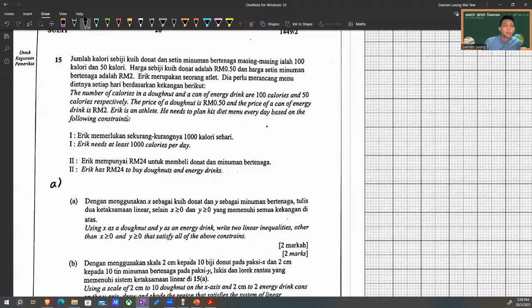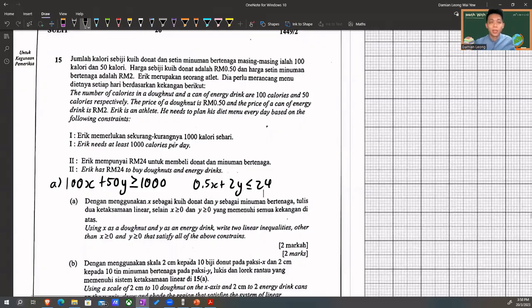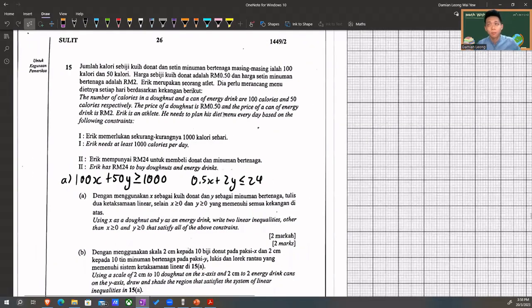So calories, 100 calories times number of donuts plus 50 calories times number of energy drinks, at least 1,000 calories, so more than or equal to 1,000. The other one, the price, 50 cents times number of donuts plus 2 ringgit times number of energy drinks. He has only 24 ringgit, so it must be less than or equal to 24. There's no way he can spend more than what he has.